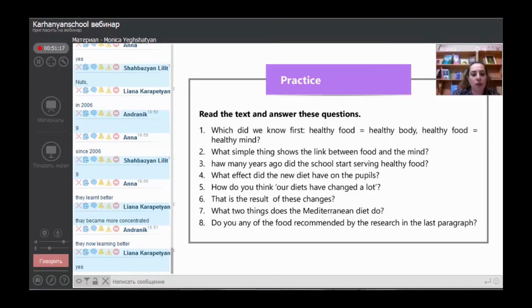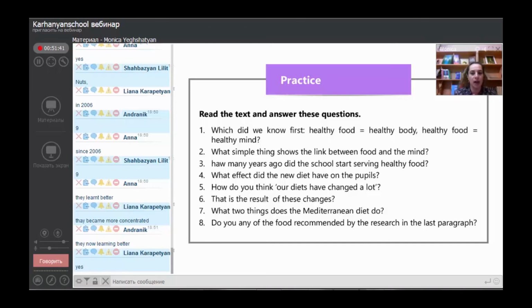Now, question number 6. What is the result of these changes? What illnesses are more common now with the changing of our diet?